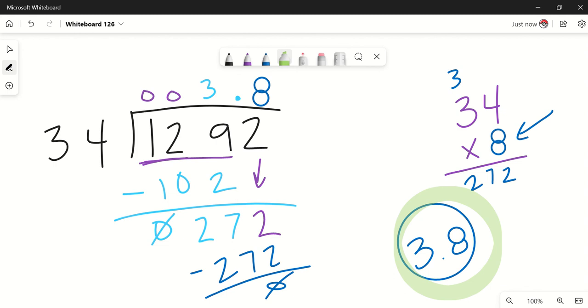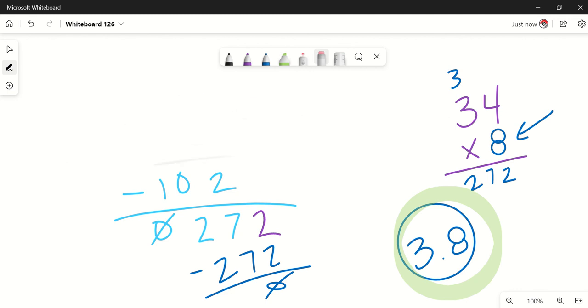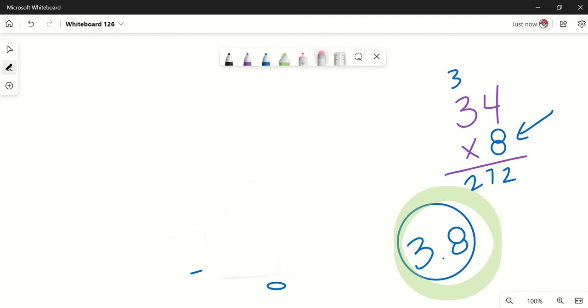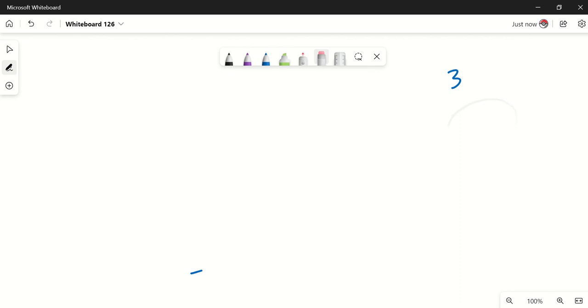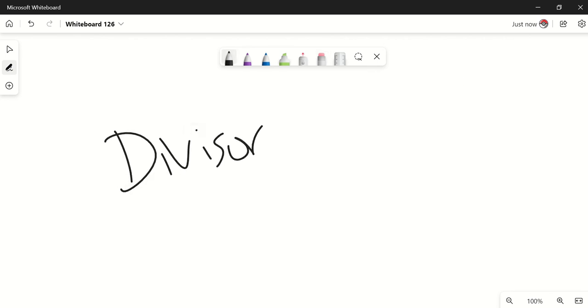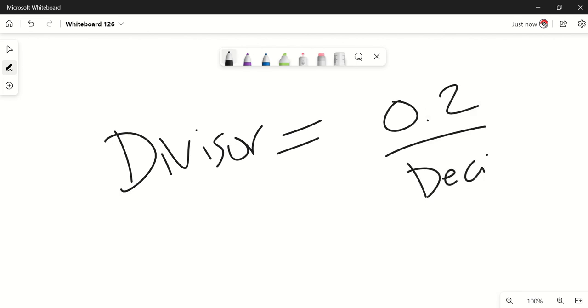So again, reviewing the video, going over the notes that we typed up, please, please, please make sure that you put those things that I typed up in your notes. Go ahead and go back to the video, review, pause it if you need to. But again, divisor: if it equals a decimal, you need to make it a whole number.